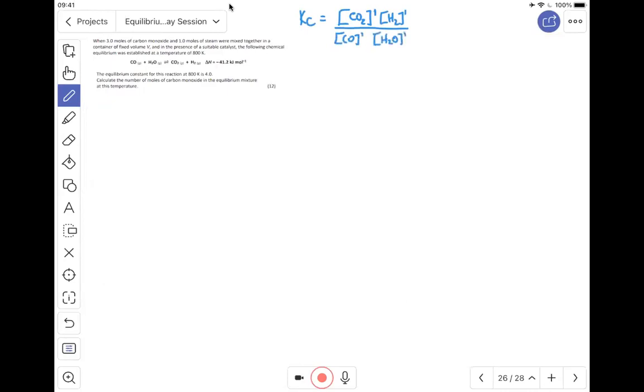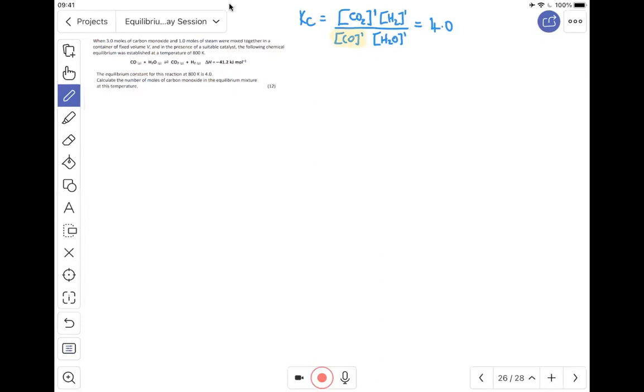I'm going to write that that is equal to 4.0, which is going to be very helpful to us when we come to the end of our calculations. So in order to calculate the number of moles of carbon monoxide, we need to do our RICE table, and then fill as much into the Kc formula as we can, because at the end we're hoping to find the volume of the carbon monoxide that I've highlighted there for you in yellow.